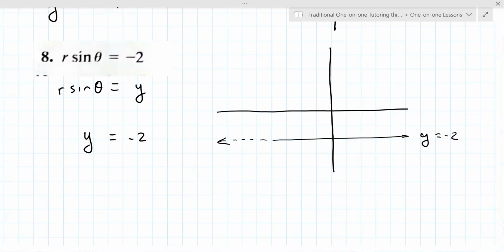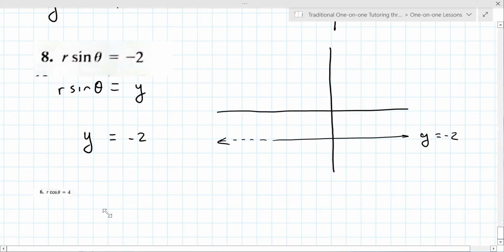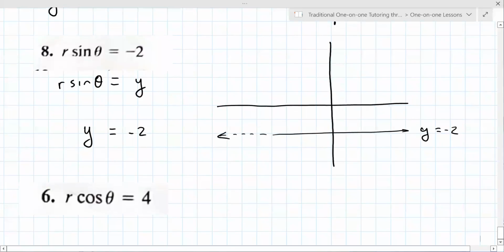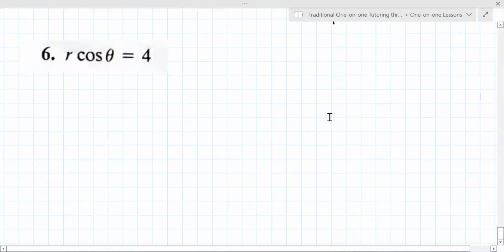All right, so we could look at 6 next. So again, you've got to know the equations. x equals r cosine theta. y equals r sine theta.